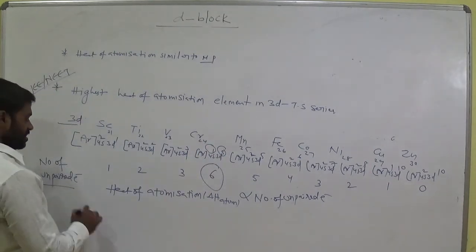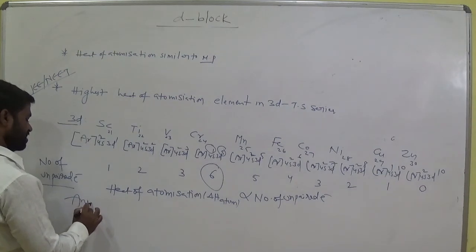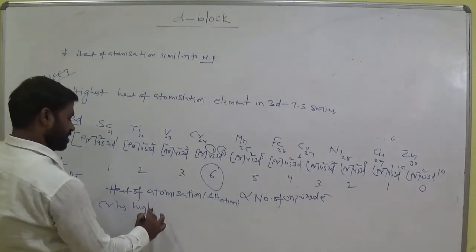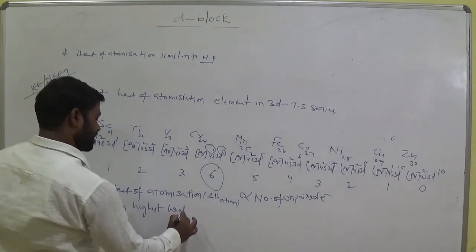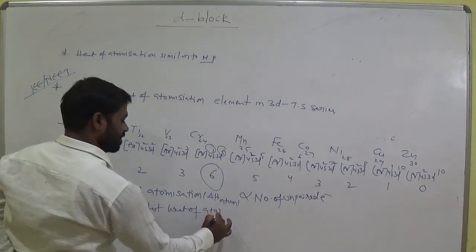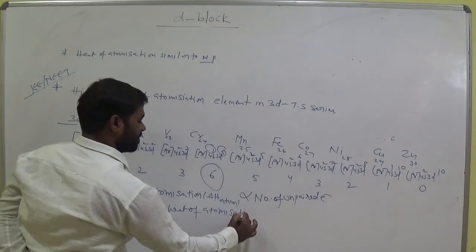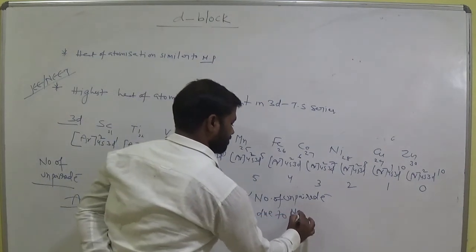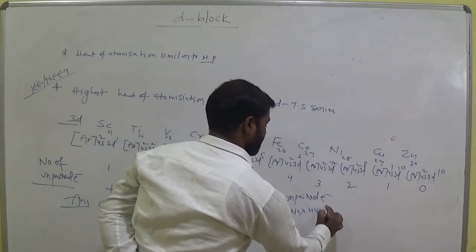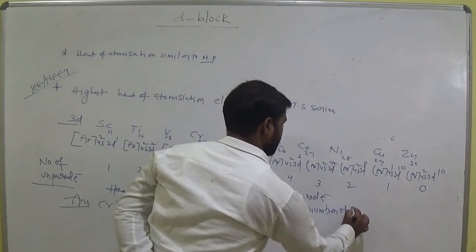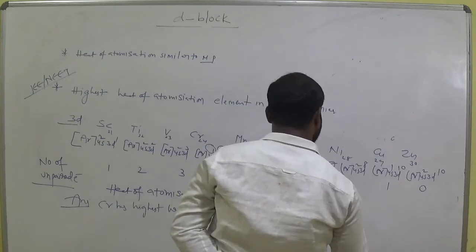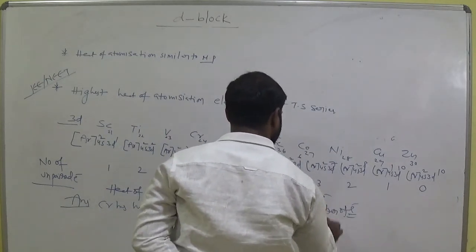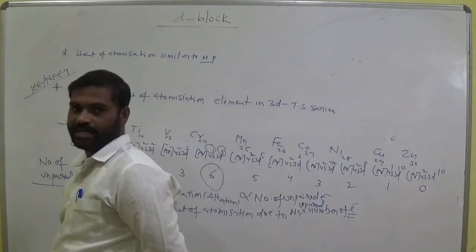Okay, so now what is the answer? Chromium has highest heat of atomization due to maximum number of unpaired electrons. You have to mention that maximum number of unpaired electrons.